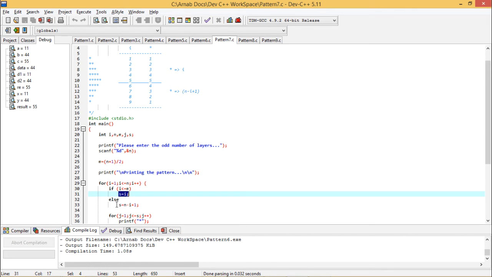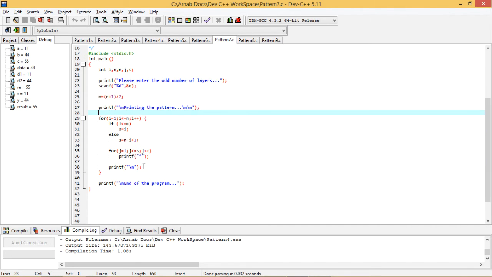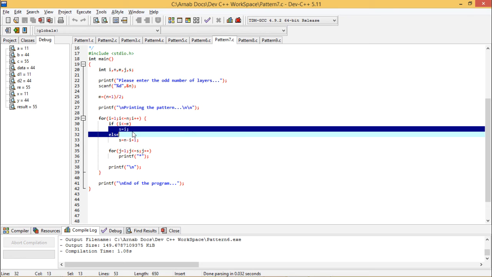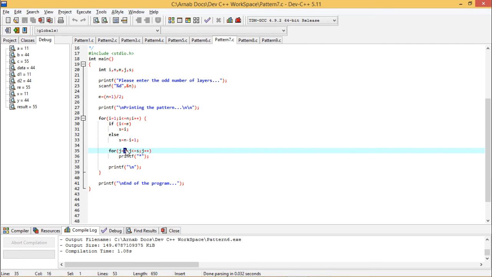Else means the lower half, then S will be n minus I plus 1. Now we have this S holding the star count. For j is equal to 1, j less than or equal to S, j plus plus. Depending upon the value of S, which has been initialized by either of these two equations, S number of stars are printed.